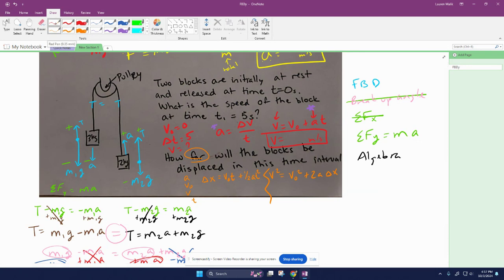I'm going to say that for me personally, I would probably lean towards this one for two reasons. One, delta x is already by itself, so I have less algebra to work. The second reason is this other equation over here really relies on our previous answer.